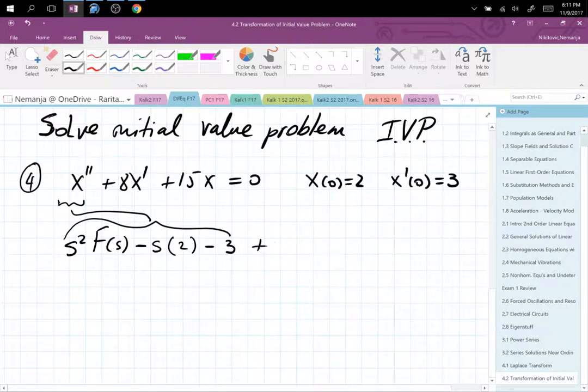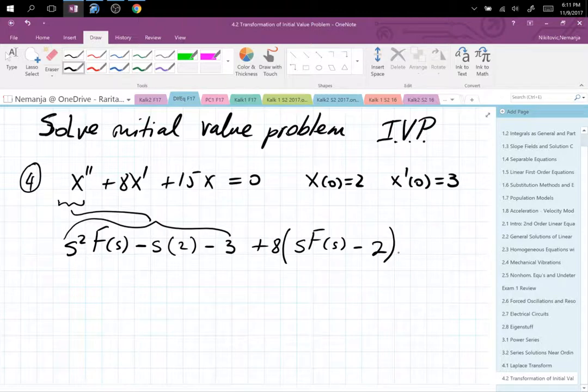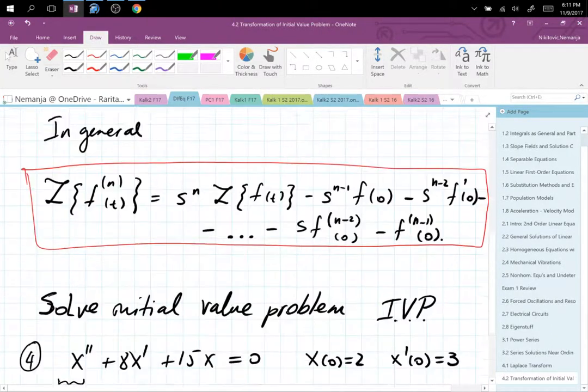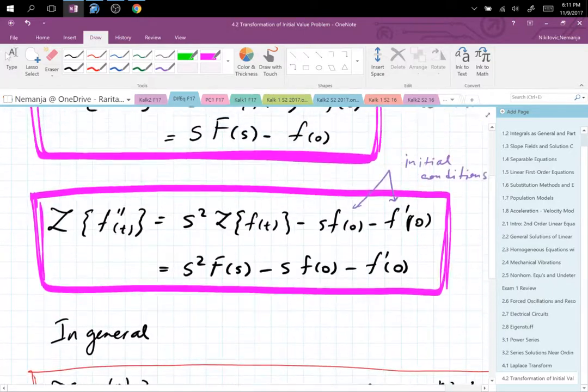And then I have plus 8 times, and now I have the first derivative, which is sF of s minus, and now I get to use just 2, right? So I use this formula right here.